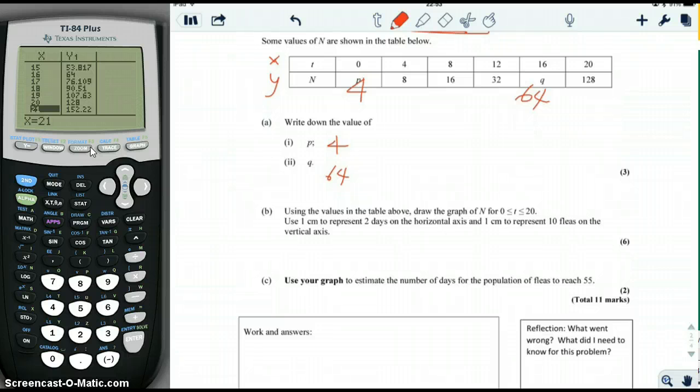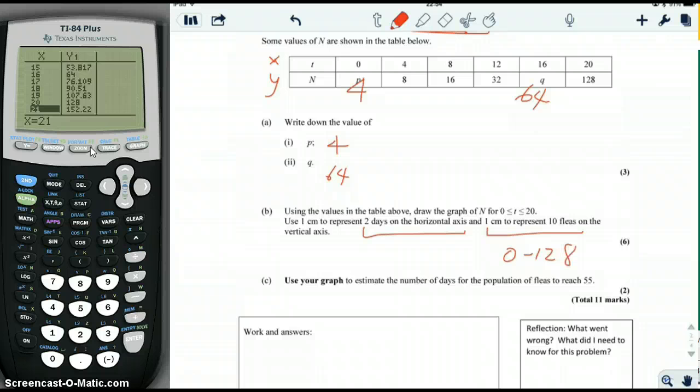Using the values in the table above, draw the graph of n for 0 to 20 t. Use 1 centimeter to represent 2 days on the horizontal axis and 1 centimeter to represent 10 fleas on the vertical axis. Okay, so let's see. On the y-axis, we are going to range from about 0 to 128.